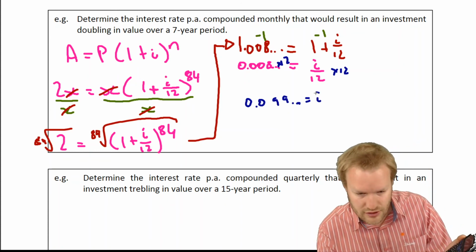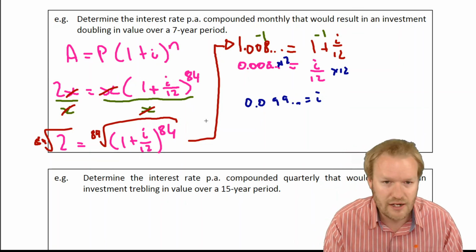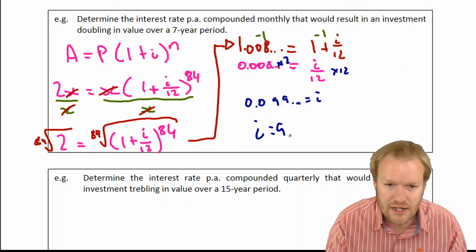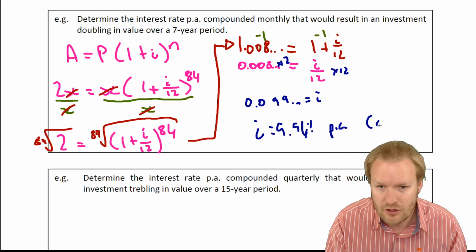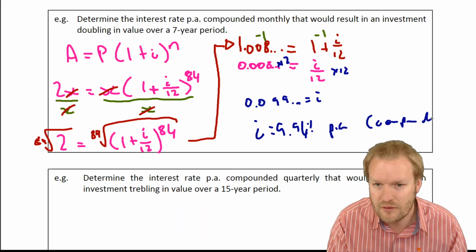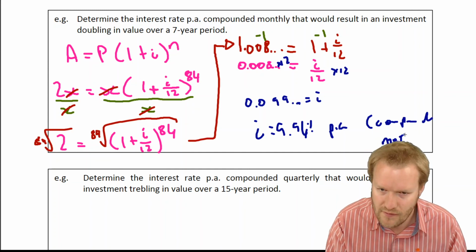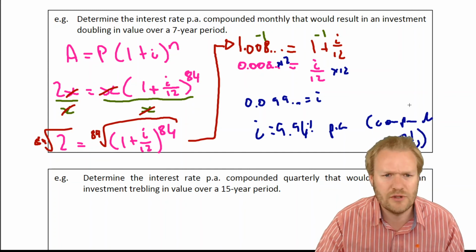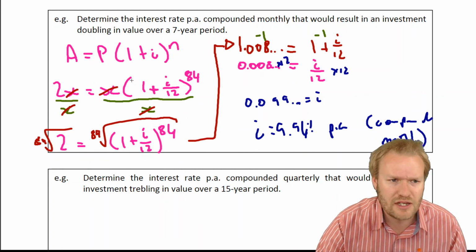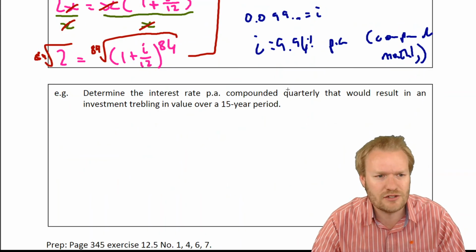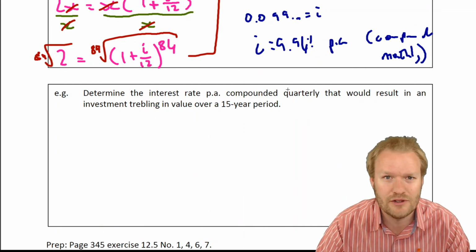Times 100: 9.94. So i equals 9.94% per annum compounded monthly. I think it was monthly. Cool. So in that one, these steps are all the same. It was just that initial part. Okay, let's hit the next and final example in the next video.